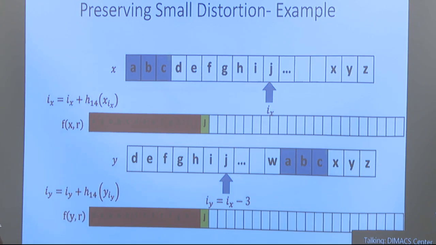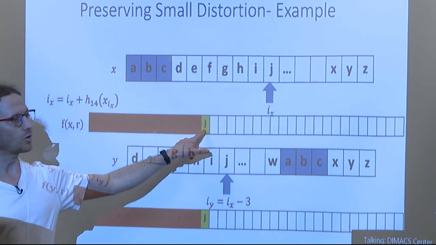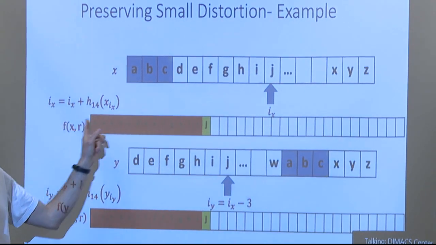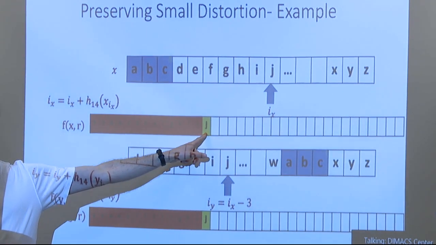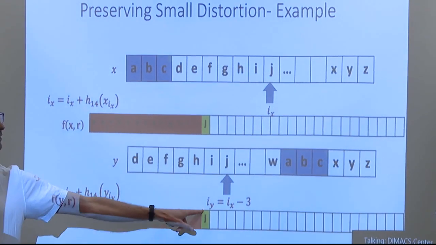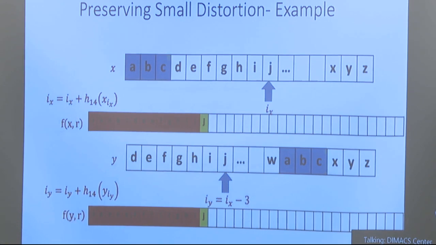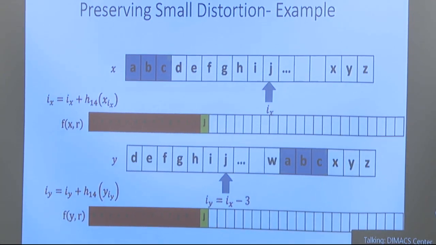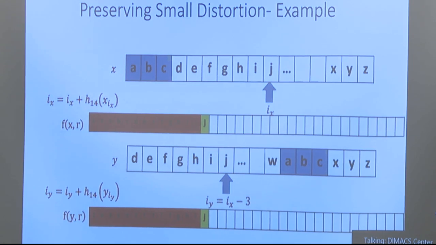If that happens, then what are we going to output in f of x, in the embedding of x? We are going to output j. But also in the embedding of y, we are going to output j. Okay? So that is a good thing, because now we are not going to see a mismatch.